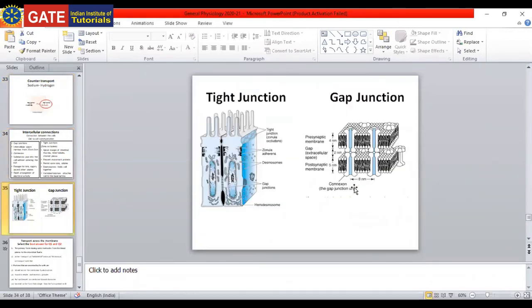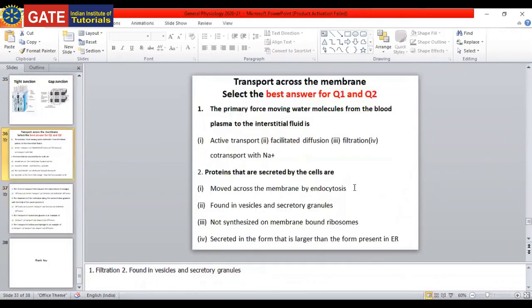I'll not talk about intercellular. I just want you all to answer this question. The primary force moving water molecules from the blood plasma to the interstitium is? I'm talking about plasma, and it is water molecules moving from the plasma to the interstitium.